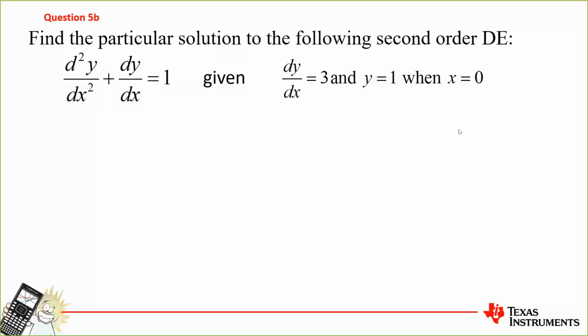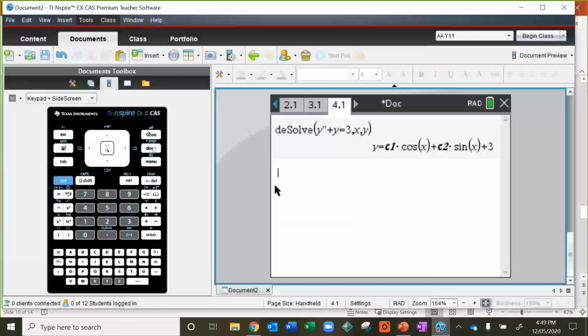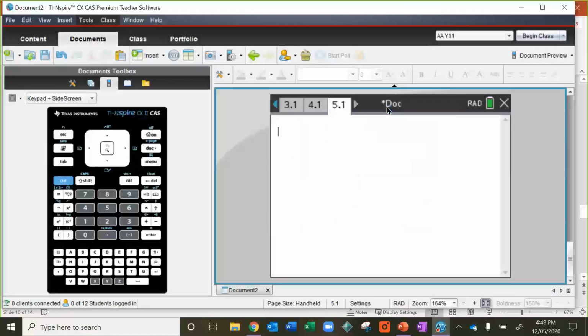So let's see how we enter this complicated question on our calculator. So I go again, doc, new document, new problem, calculator, and again I will type it because it is harder just entering it this way, not with the box. But as I said, if you have a box, you will know how to do it. We don't have a box with the older operating system.